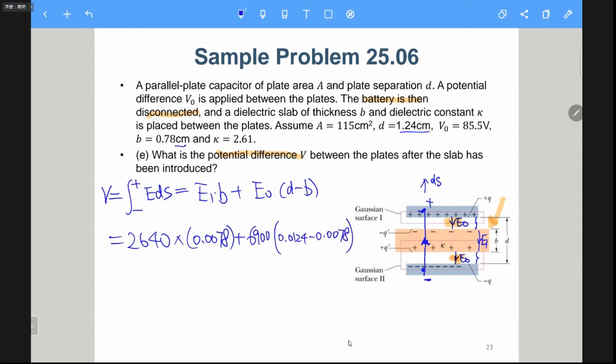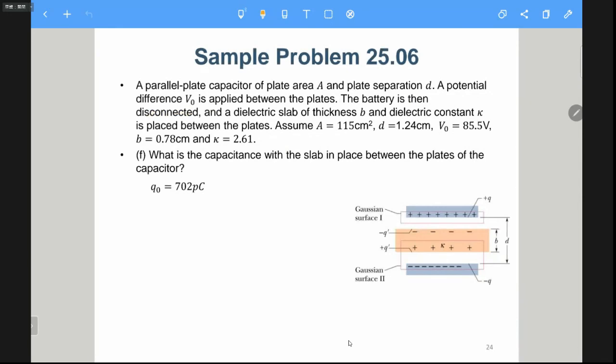So V is 52.3 volt. Of course it is smaller than V0 as expected. V0 is this one, 85.5. After inserting the slab into the parallel plate, the potential difference dropped to 52.3 volt.